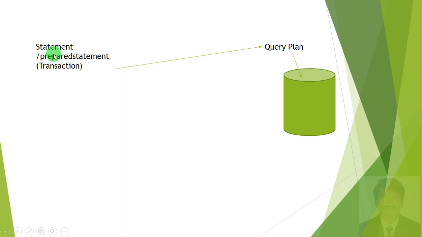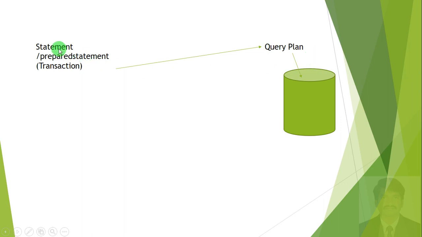Again, the second time it will prepare the query plan, execute the record and delete the query plan. Guys, don't you think this is an overhead on the database? This is the major limitation of the statement interface object.